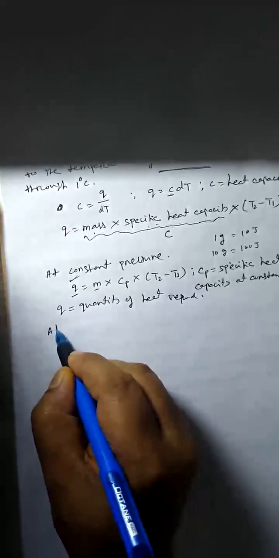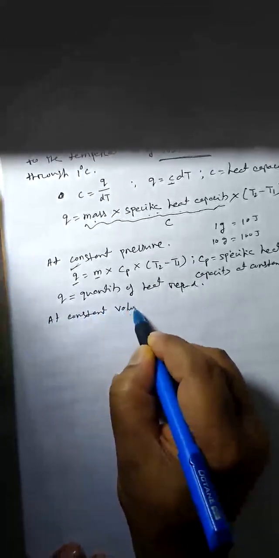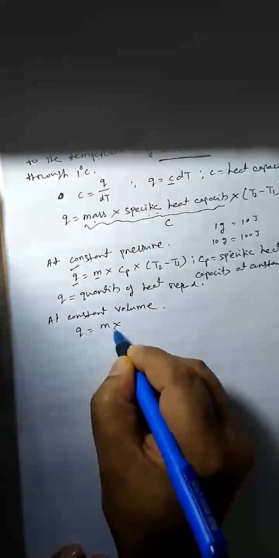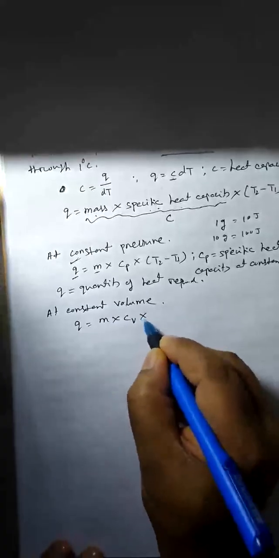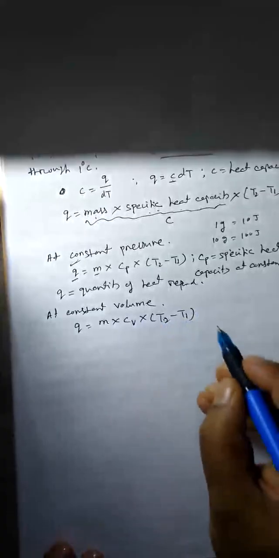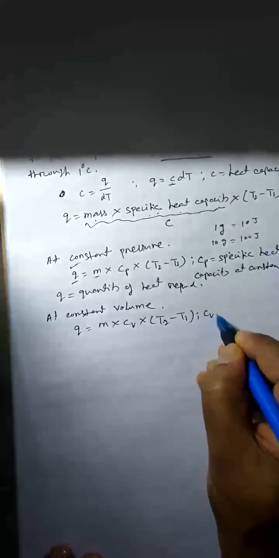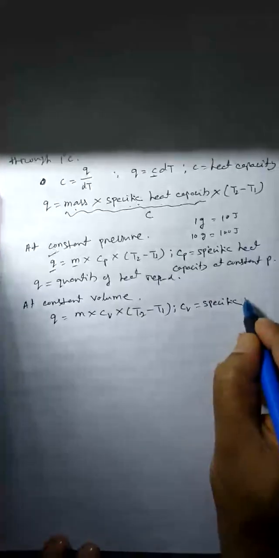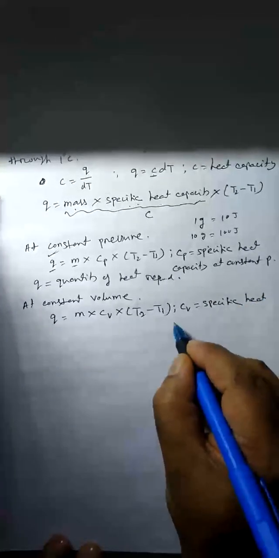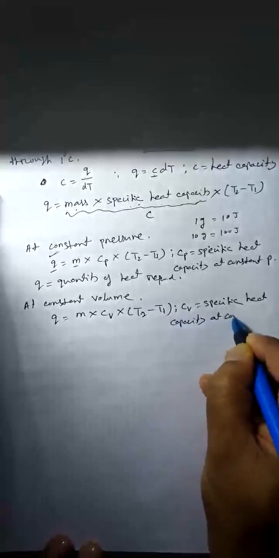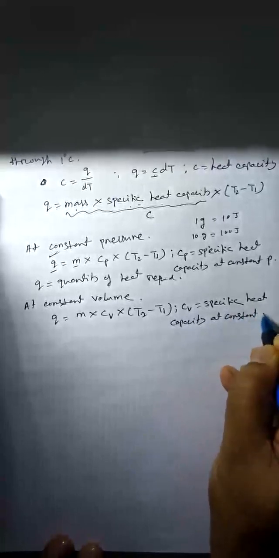Similarly, at constant volume, Q is equal to M into Cv into T2 minus T1, low temperature to high temperature, where Cv is called specific heat capacity at constant volume.